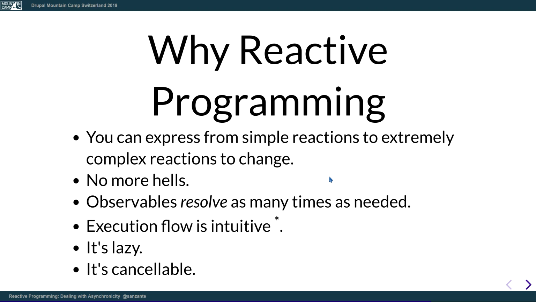I think it's more intuitive than callbacks or promises, and you have to understand reactive programming to read it well, but once you understand it, it's very easy. Reactive programming is lazy: the values are only generated when you need them, and they are cancelable. You can cancel an observable whenever you want.